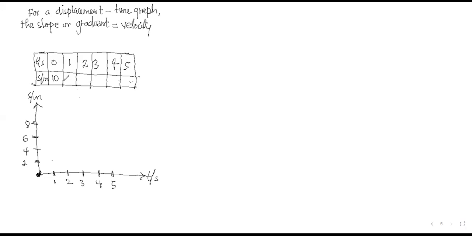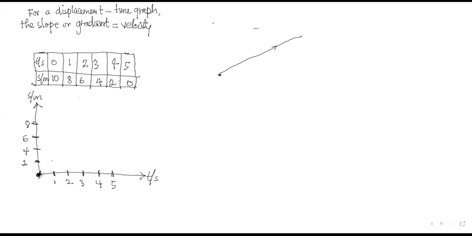When time is 1 second, the body has decreased its distance covered by 2. So 8, 6, 4, 2, then 0. So it means that the body is now coming back to its starting place. Earlier, it was going this way. So this was the graph moving in that direction, starting from time 0, distance 0 to a distance of 10.